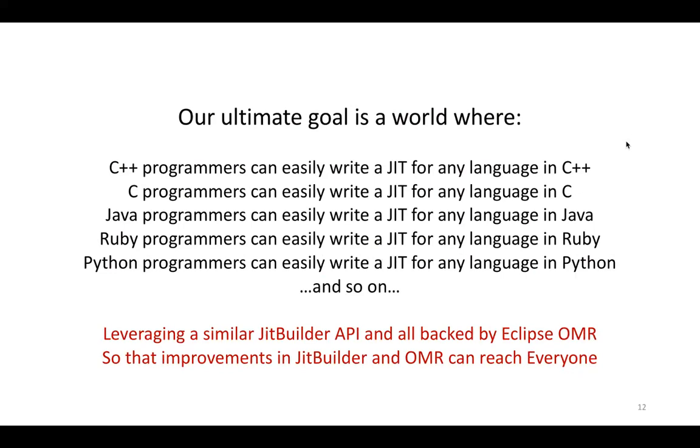So this goes back to part of the mission statement for the Eclipse OMR project itself, which is to be able to leverage investments in runtime technologies across a number of different language ecosystems. And I think this would be a really great way to be able to get people using JitBuilder and Eclipse OMR, and everybody basically helping to lift everybody else's boats at the same time.